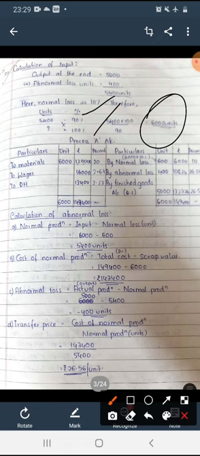Given in the problem. But under the second problem, you just see output of the process is given. Output is nothing but input minus abnormal loss minus normal loss. After deducting the normal loss and abnormal loss from the input, we are getting the output, 5000 units.